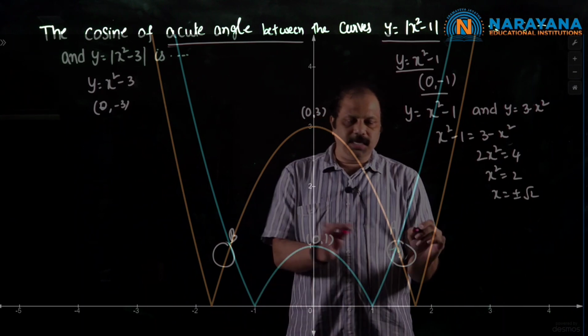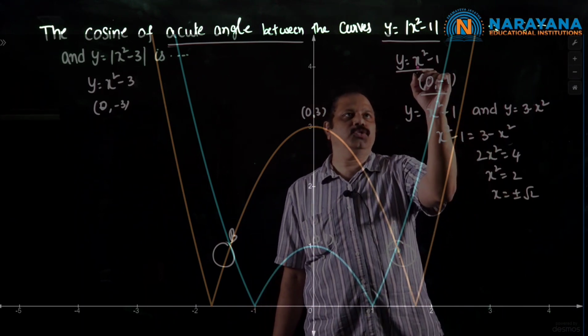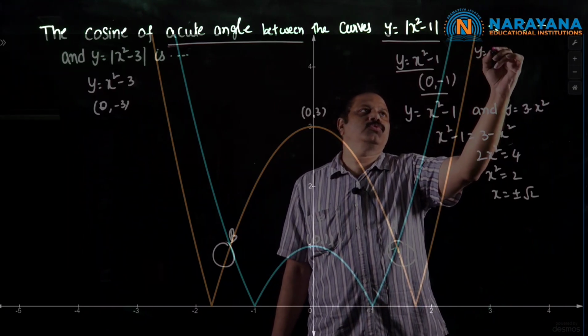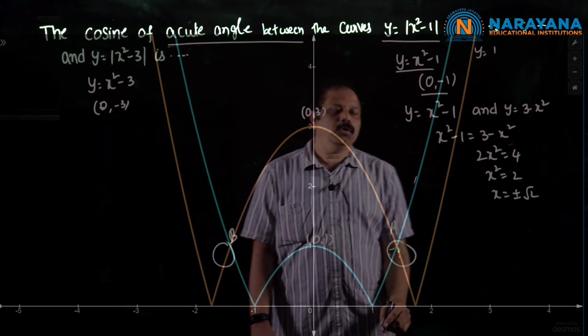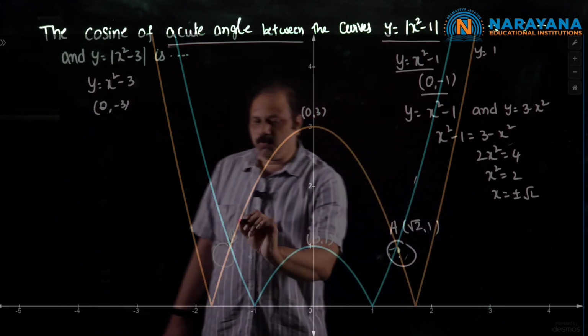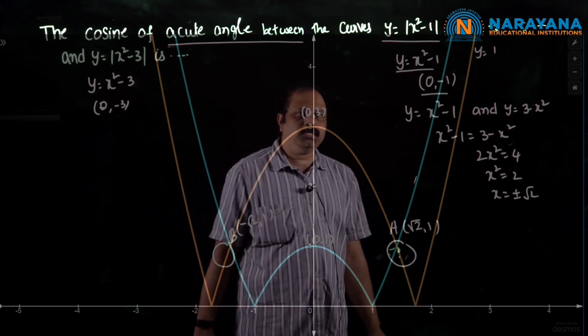Whenever x is root 2 or minus root 2, y will be equal to 1. Therefore, this point A becomes (root 2, 1) and point B becomes (minus root 2, 1).